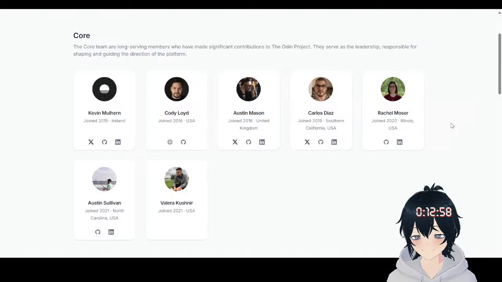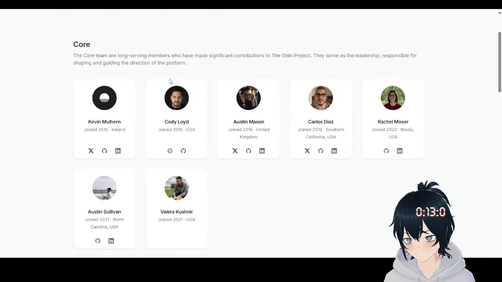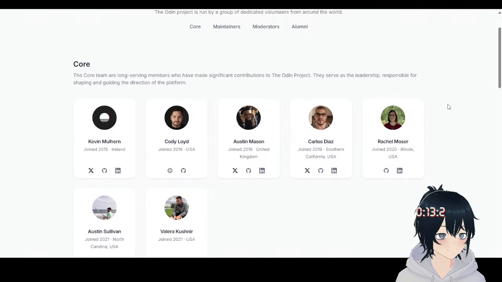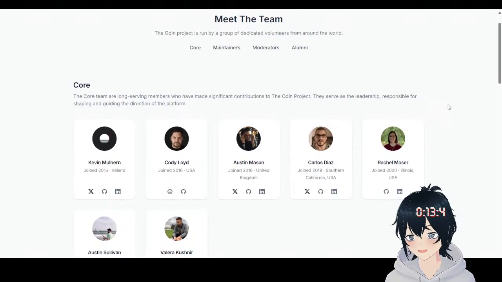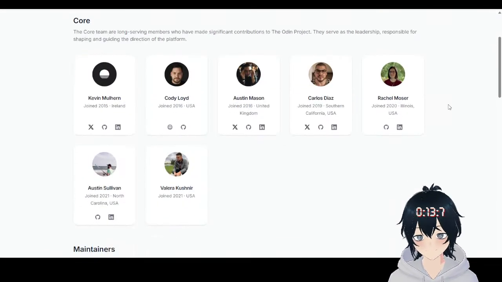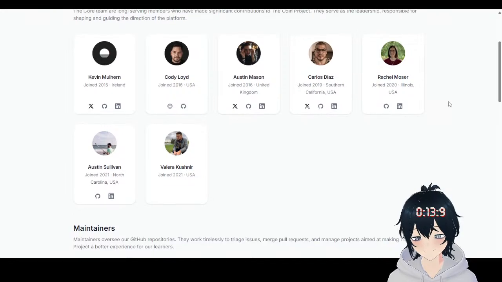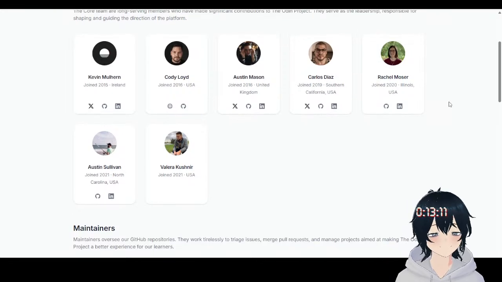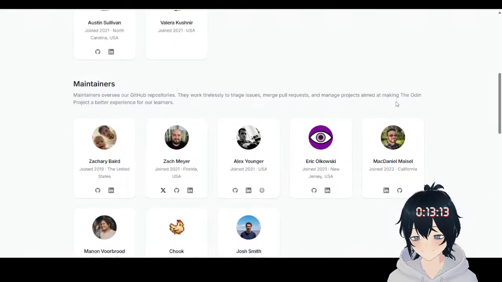Very nice. 2015? This web page has been around so long already. Or is it just the... Huh. Very nice.